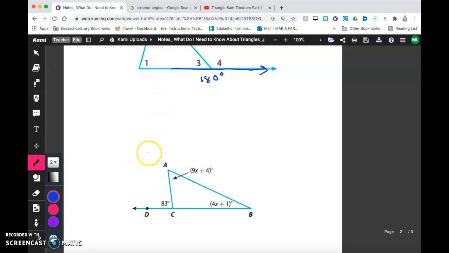Okay, so we can set up, solve for x, and figure out what all of these angles equal. Now we could really easily figure out what this angle equals right here, because well, that's not x. I shouldn't use x because we're solving for something else x. So let's just use A as our angle here.